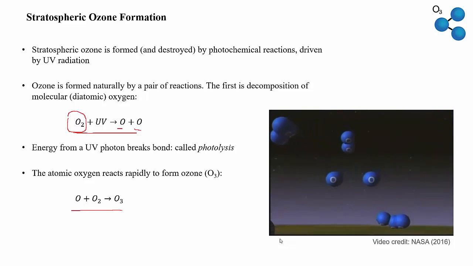And so this video depicts the two reactions shown on the left of this slide. This is how ozone is formed in the stratosphere, that protective layer that actually protects us from UV light.